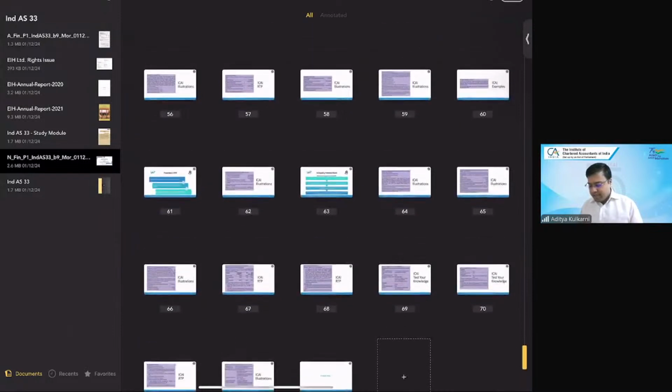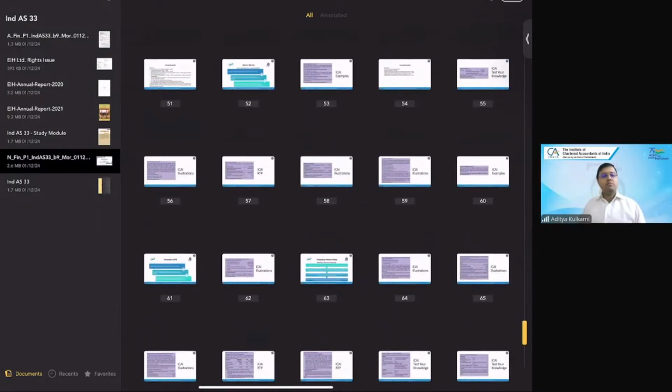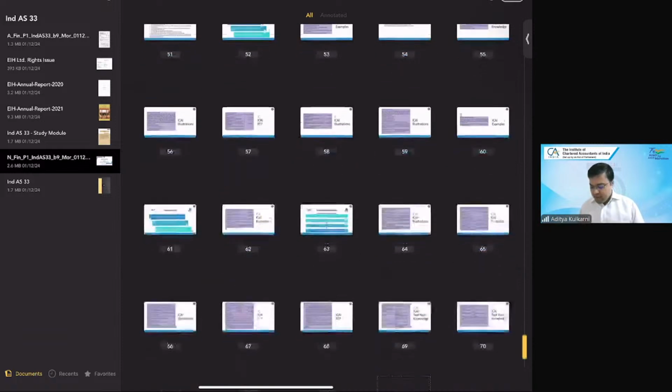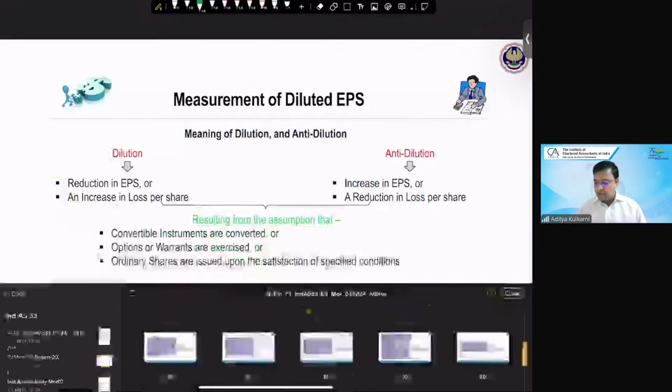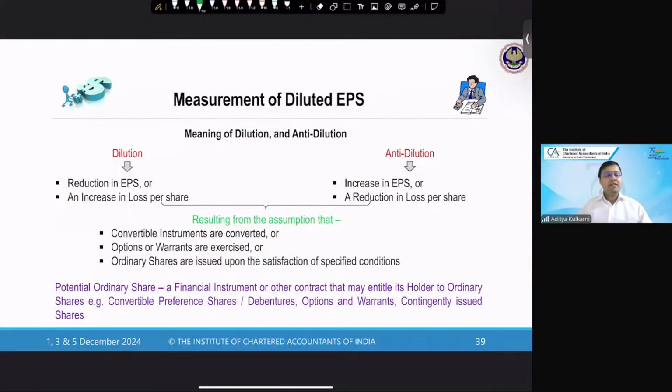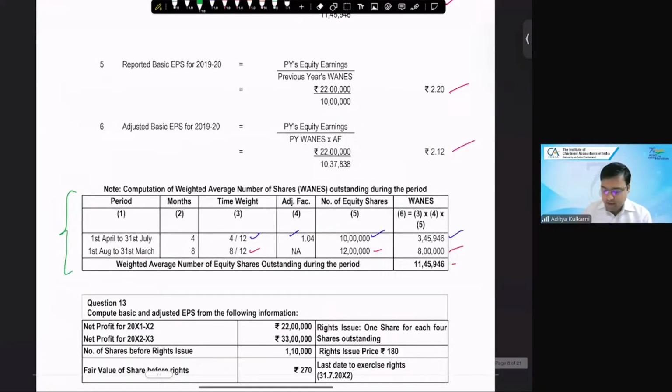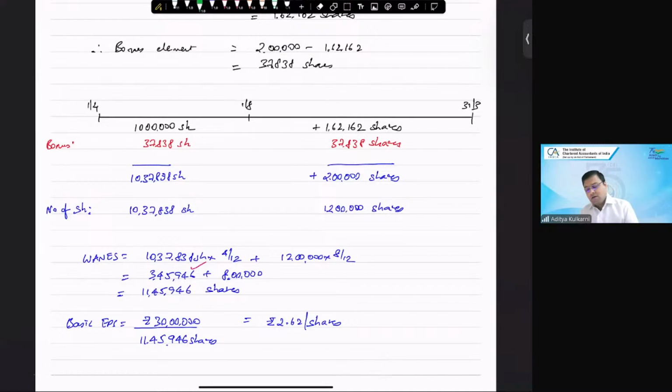The major standard portions will commence from Tuesday onwards, when we start diluted EPS, then move on to applicability of financial instruments, and finally wind up with contingently issuable shares. These are the major topics left for the coming two sessions. So as of now, we are winding up Ind AS 33 for today's discussion.